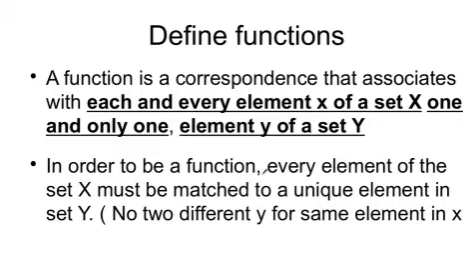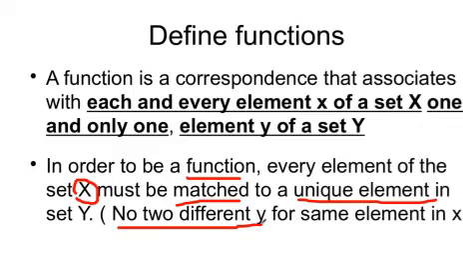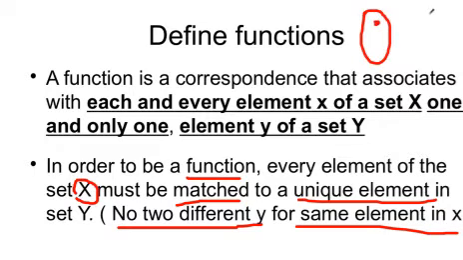So these are called functions. These types of mapping relationships are called functions. So in order to be a function, every element of set X must be matched to a unique element. So every X has a unique element in Y. In other words, no two different Y for the same X. Like this, say you have an element here, you cannot have two different elements like this, right?